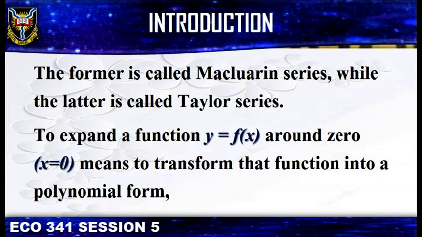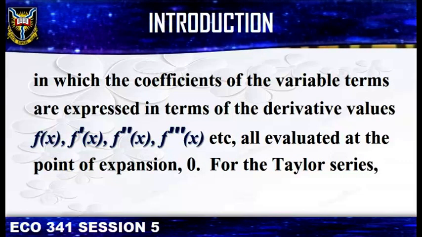To expand a function y equal to f of x around 0, x equal to 0, means to transform that function into a polynomial form, in which the coefficients of the variable terms are expressed in terms of the derivative values f of x, f prime of x, f prime prime of x, f prime prime prime of x, etc., all evaluated at the point of expansion 0.